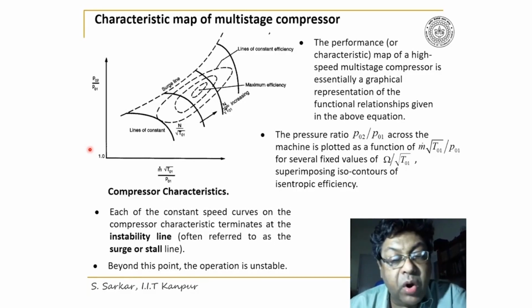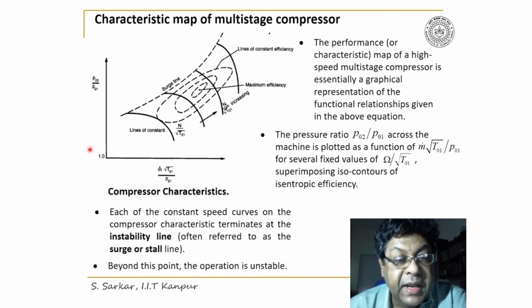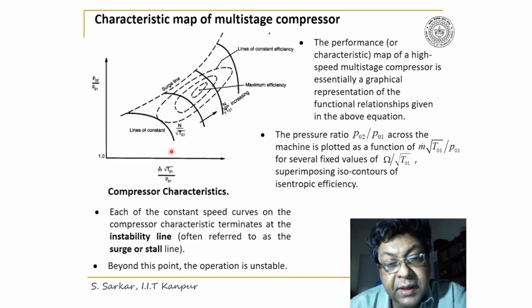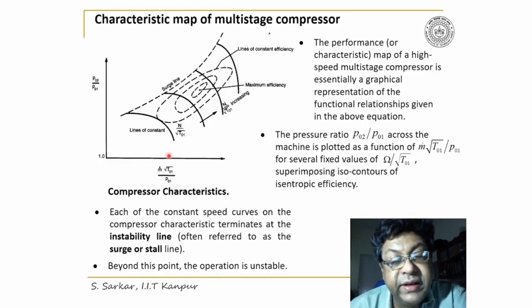Further, another point that must be stated here is that at low pressure and high mass flow rate, this characteristic curve becomes vertical. That means if you change the pressure, no increase of mass flow rate is possible.